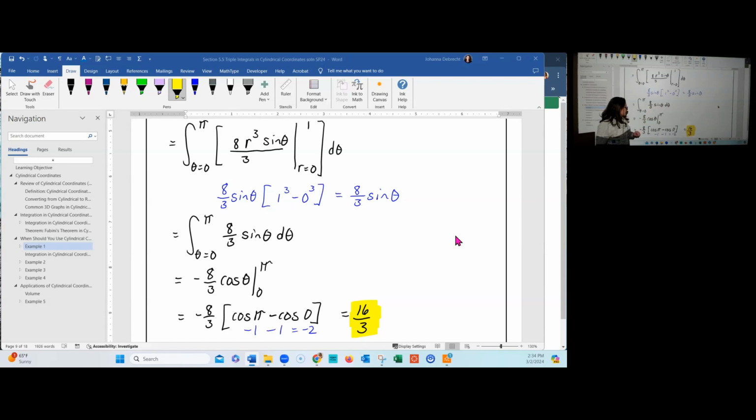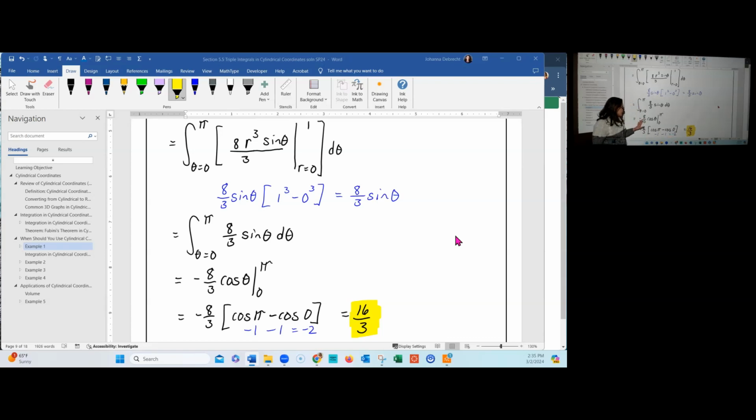8/3 sine theta, when I integrate sine theta with respect to theta, I get negative 8/3 cosine theta, which I evaluate from 0 to pi. The cosine of pi is -1 and cosine of 0 is 1, so -1 minus 1 is -2.